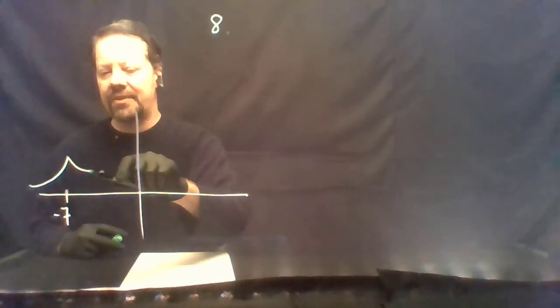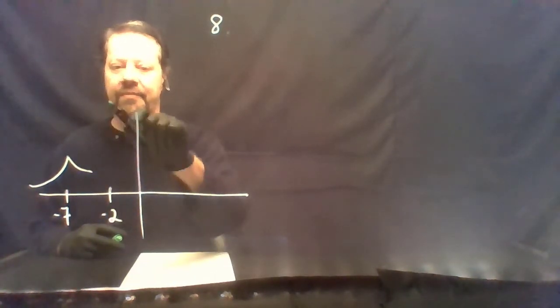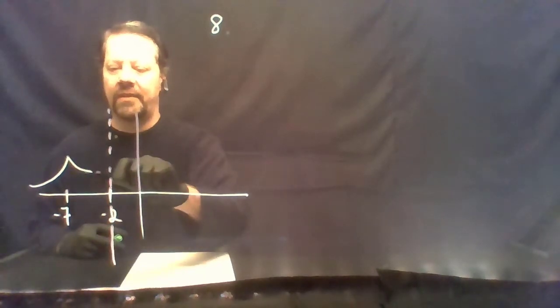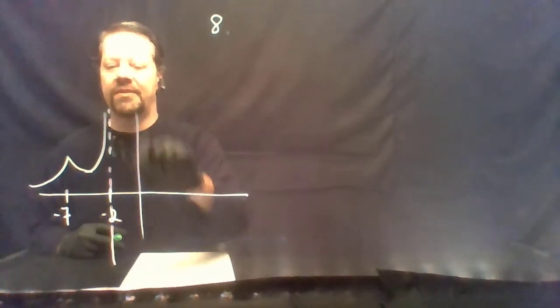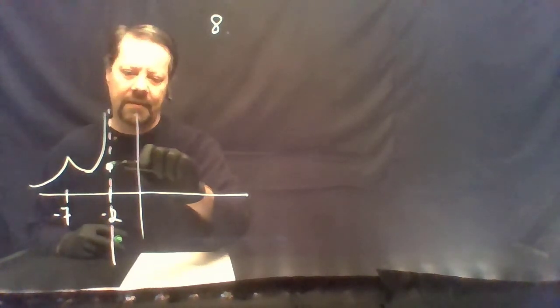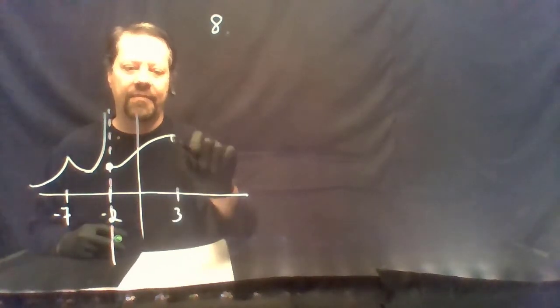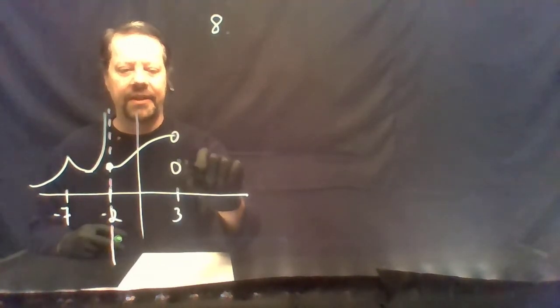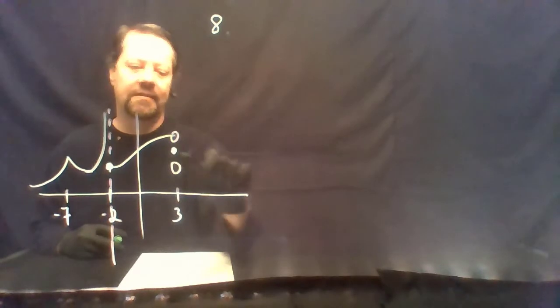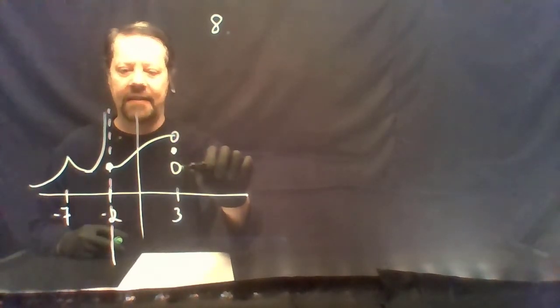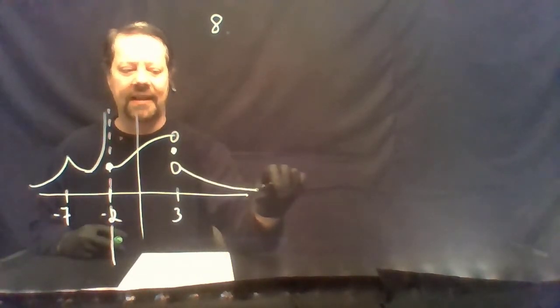And let's suppose that at -2, we have a vertical asymptote. Function is going to be defined there. And then here at 3, we'll have a jump discontinuity with the point displaced in the middle. And then the function will tend towards the x-axis asymptotically.